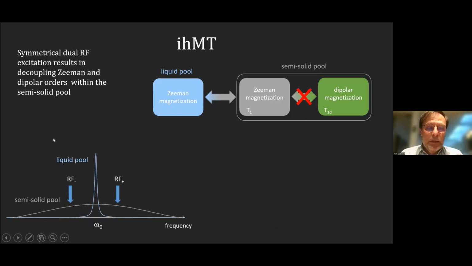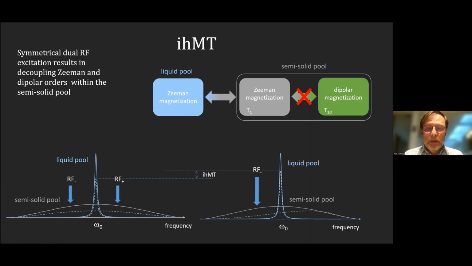Now, if we apply the saturation pulses on both sides of the water signal, then what happens is that the two components of the semi-solid pool, the Zeeman magnetization and dipolar magnetization from the dipolar order, are decoupled, and as a result, we actually get an even stronger decrease in the signal in the liquid pool, and this difference between the one-sided saturation and dual saturation is this inhomogeneous magnetization transfer effect.